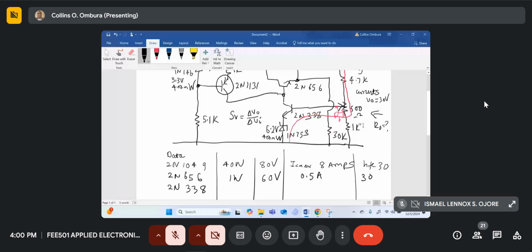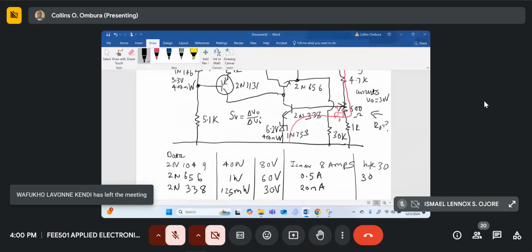PD max is 125 milliwatts. VCE max was 30 volts. IC max is 20 milliamps. HFE 45. Okay, so you can copy that data.